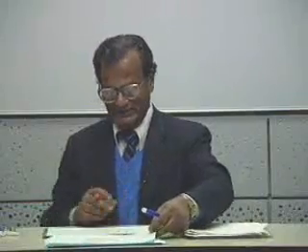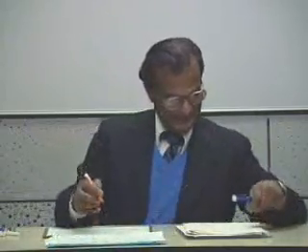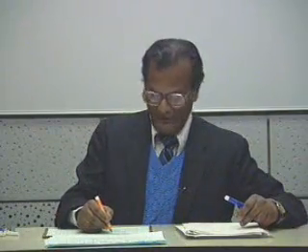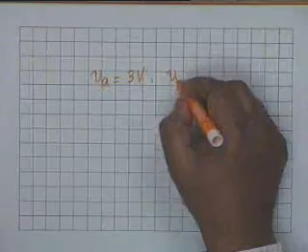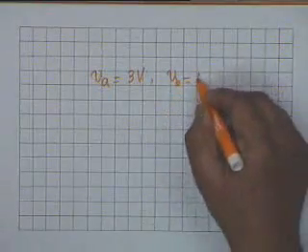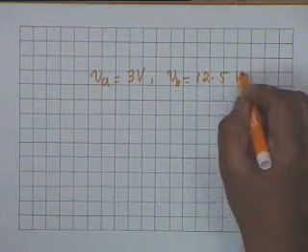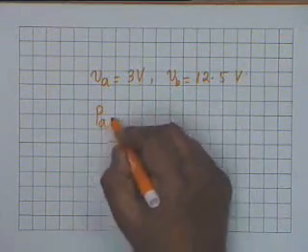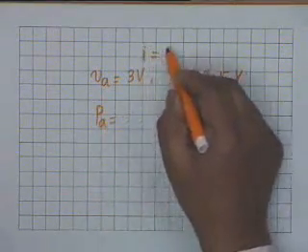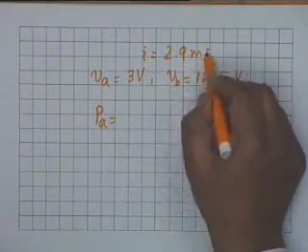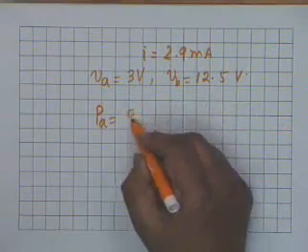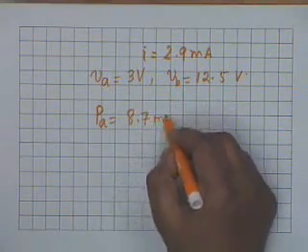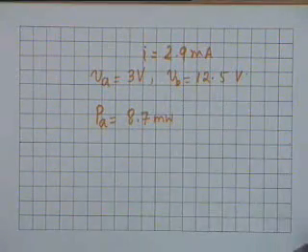And my end result is that VA is equal to 3 volts. You can verify this. This is a problem given in the textbook. VB is equal to 12.5 volts. So PA, with the current I being 2.9 milliamps, is 8.7 milliwatts, 3 multiplied by 2.9.